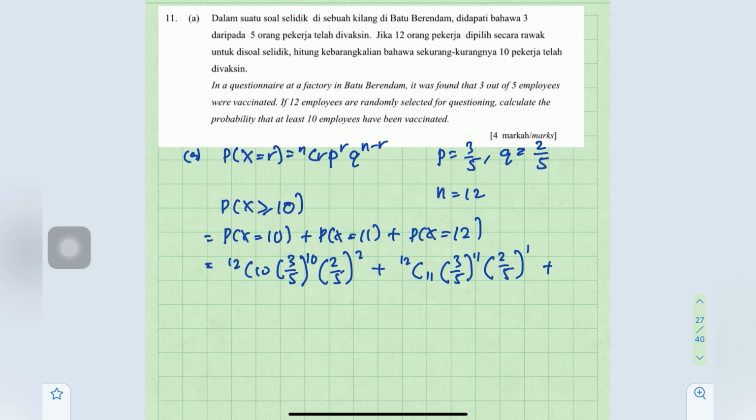Okay, when X equals to 12, 12C12, 3 over 5 power of 12, 2 over 5 power of 0. Okay, so this one kita kira, kita akan dapat 0.08344.